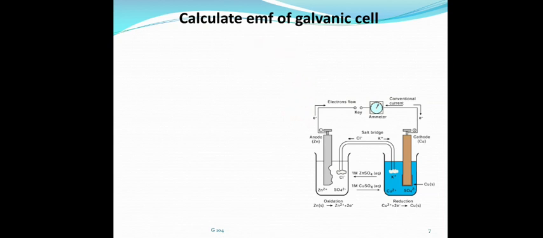Now, what is the cell notation here? You know that in cell notation, the anode is on the left hand side and the cathode on the right hand side. The anode is written with metal first, then electrolyte, with concentration in brackets. The cathode is written on the right hand side, first electrolyte, then metal.